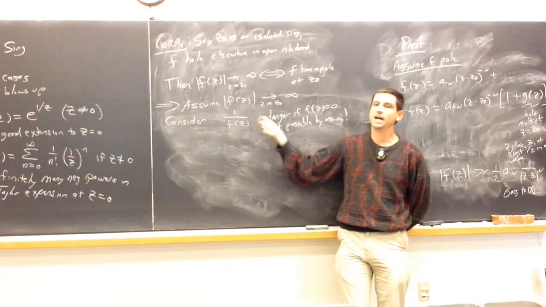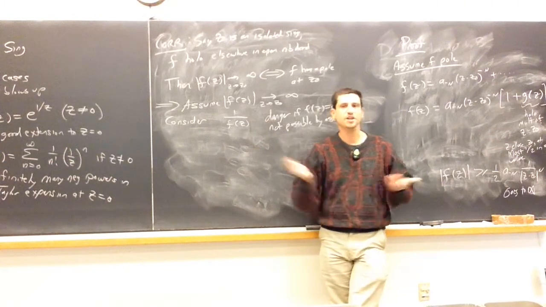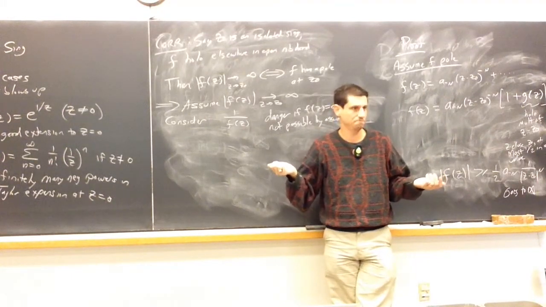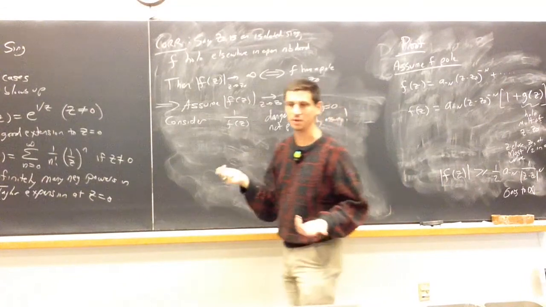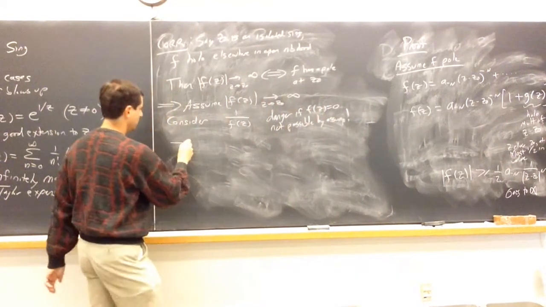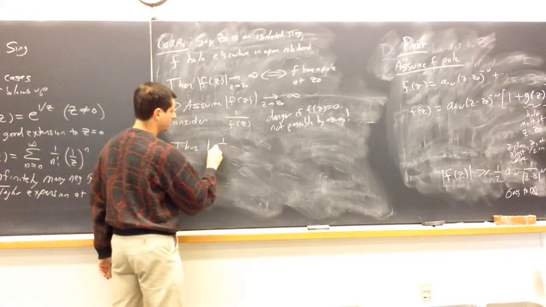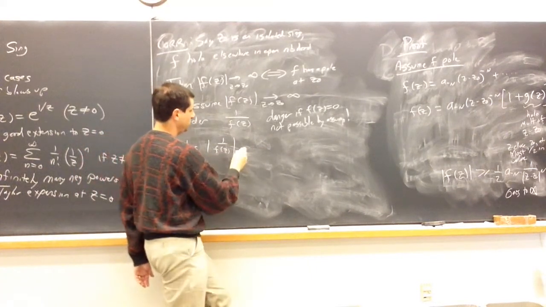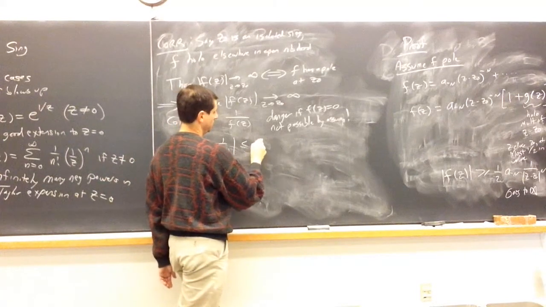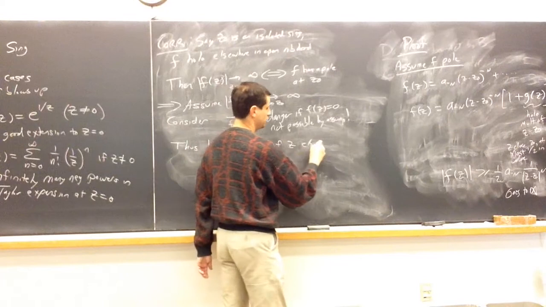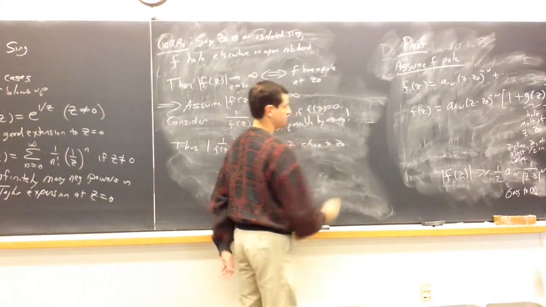So what that means is if I'm sufficiently close to z0, my function can't be 0. It's got to be at least epsilon. So that means this function is going to be at most 1 over epsilon. Thus, the absolute value of 1 over f of z will be less than or equal to 1 over epsilon if z is close to z0.